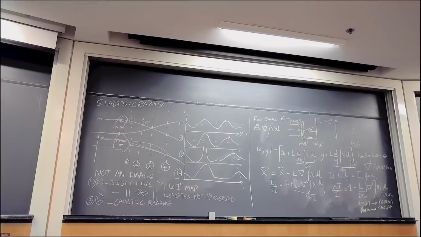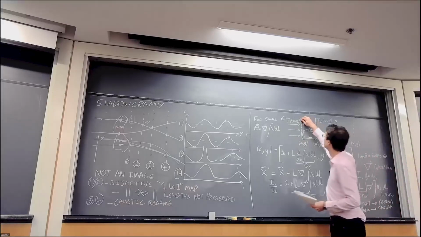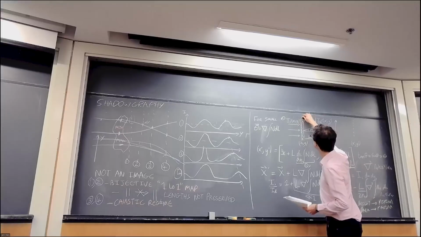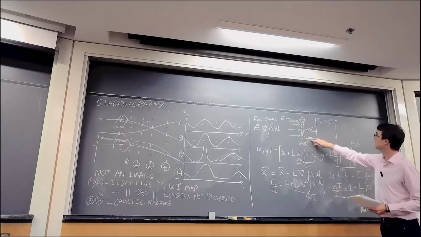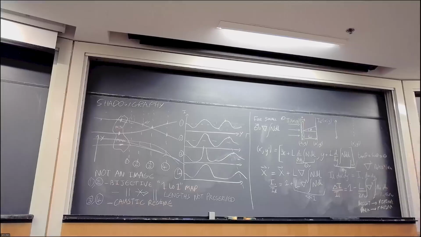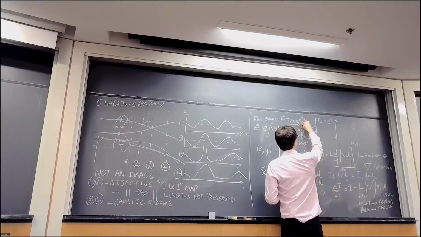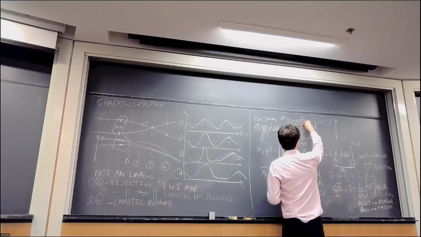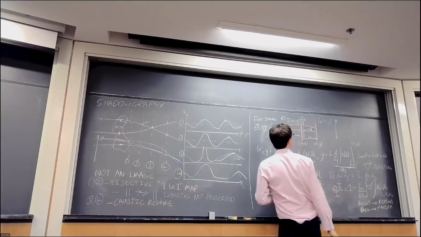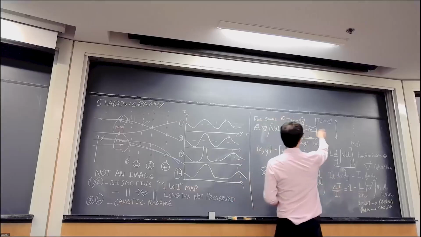What most of the time people are doing is making approximations that the width of this plasma, which might be a or something like that, is much, much less than L. So this is effectively assuming that the actual path that the ray takes through the plasma is unimportant. We only care about what path it takes through free space afterwards, which is going to be in a straight line.